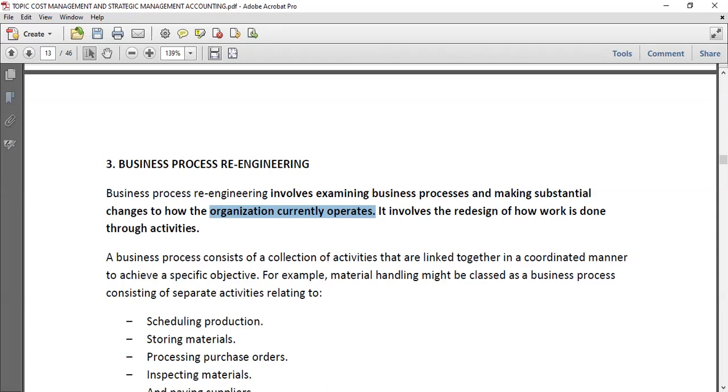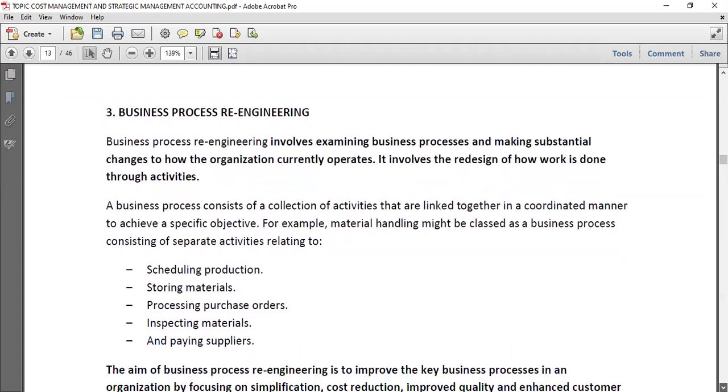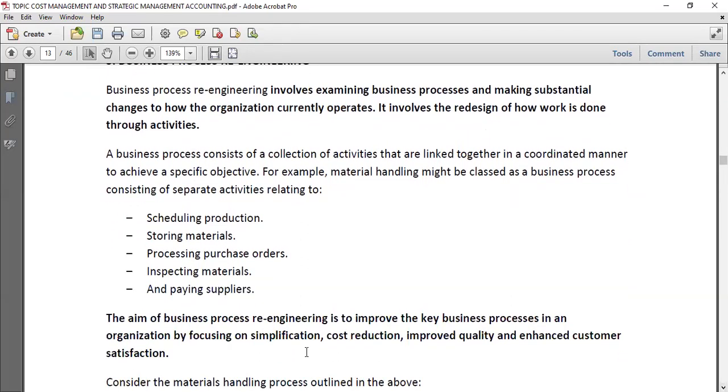So we are able to look at the different processes, okay? Like for example, there's an example here of material handling. In the material handling, we might have these respective things: scheduling production, storing materials, processing purchase orders, inspecting materials, and paying suppliers, okay?